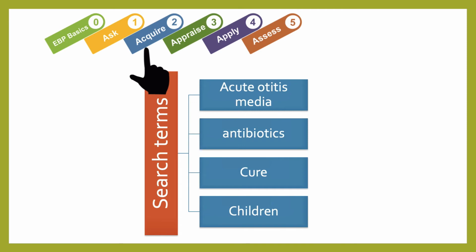This might include the diagnosis, the treatment you want to compare, the outcome of the treatment. Sometimes it is also helpful to include the age range of your target patients. If we apply this to our scenario, the appropriate search terms would be the following: acute otitis media, antibiotics, cure, and the age range we are seeking is children.